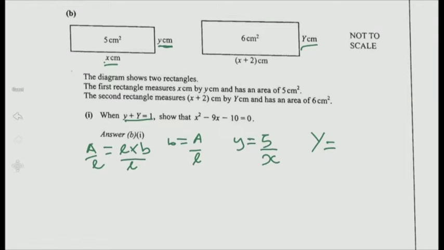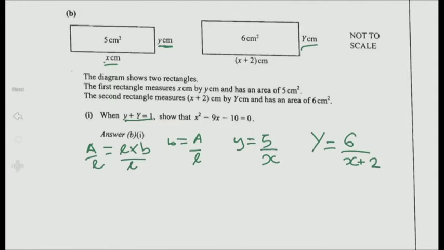Now, looking at the rectangle, you should be able to find that Y there will be the area 6 over the length x plus 2.